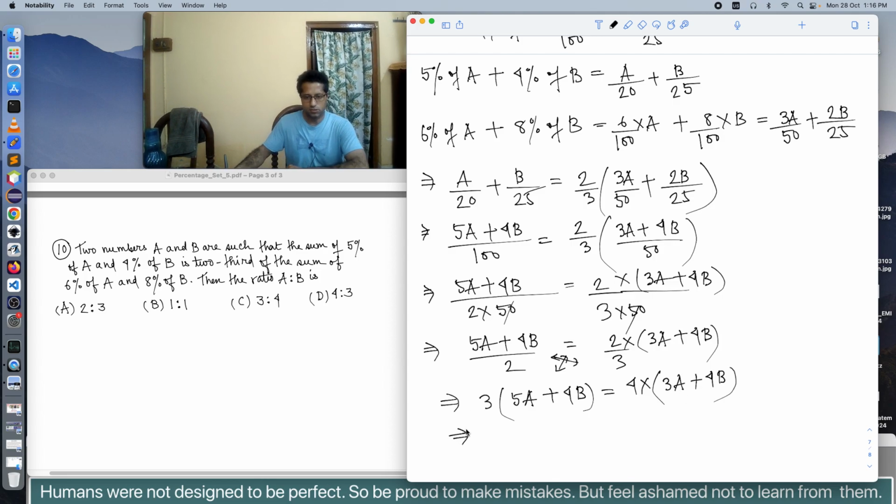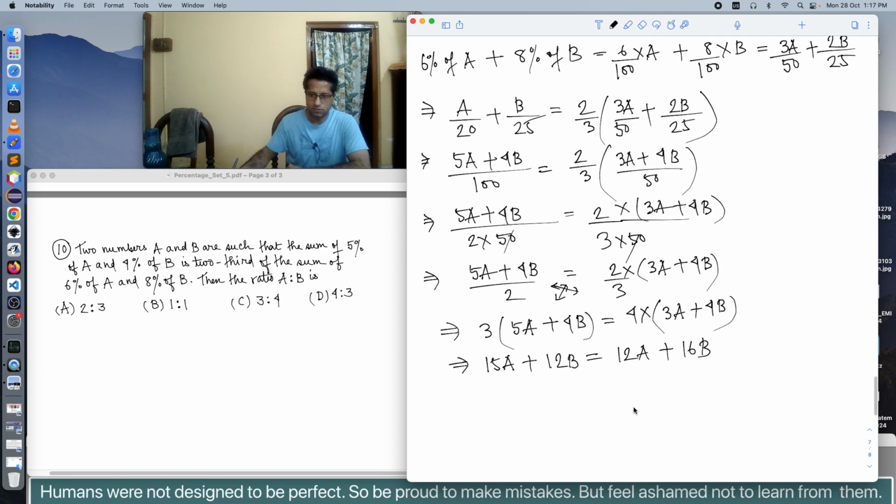If you do the products on both sides and open up the brackets, we have 15A plus 12B is equal to 12A plus 16B. So let's bring all the A terms to the left hand side and all the B terms to the right hand side, and we get 15A minus 12A is equal to 16B minus 12B.